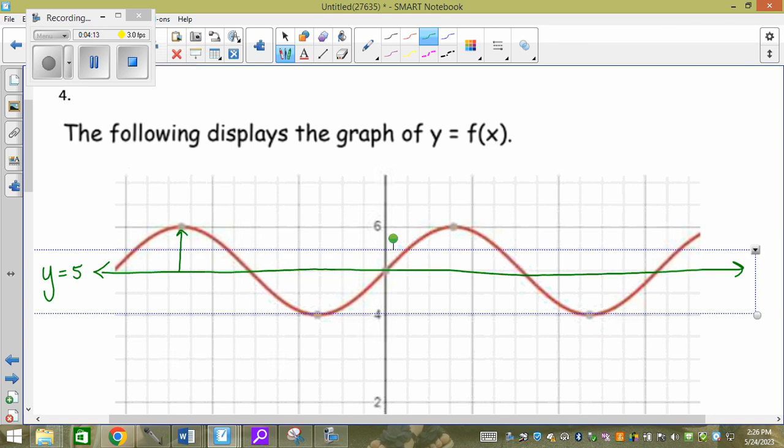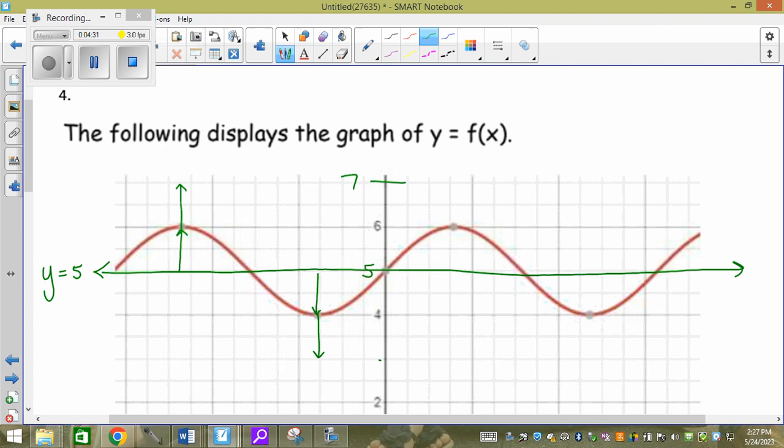So it's how much to get me here? 1, right? It's from 5 to 6. So if I want to double it, I'm going to have to go to, where? 7. And then this one is down to 4. If I want to double it, I need to go down to 3.